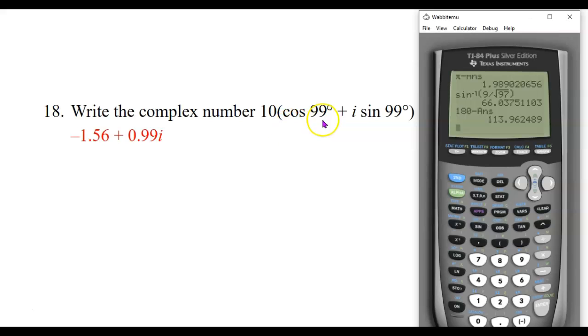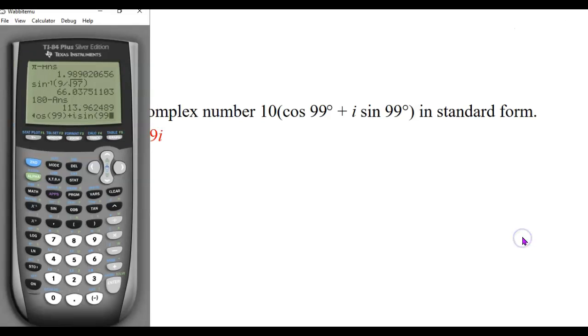Now I could just put this whole thing in like this. 10 times the cosine of 99, and I'm in degree mode, plus i times the sine of 99.